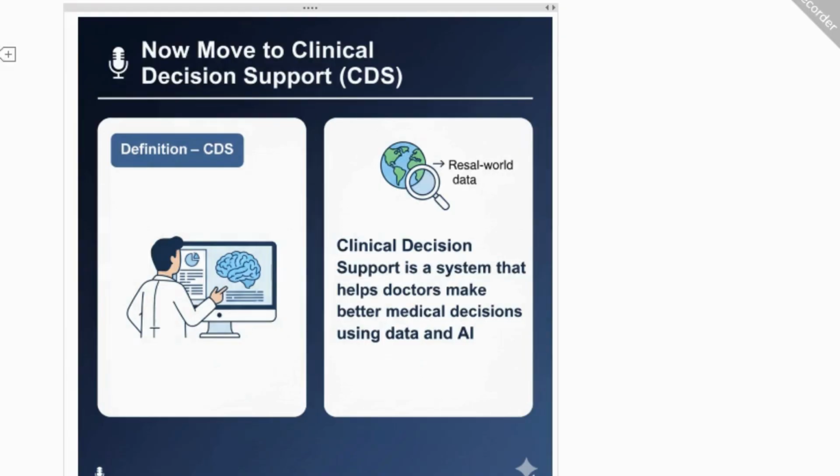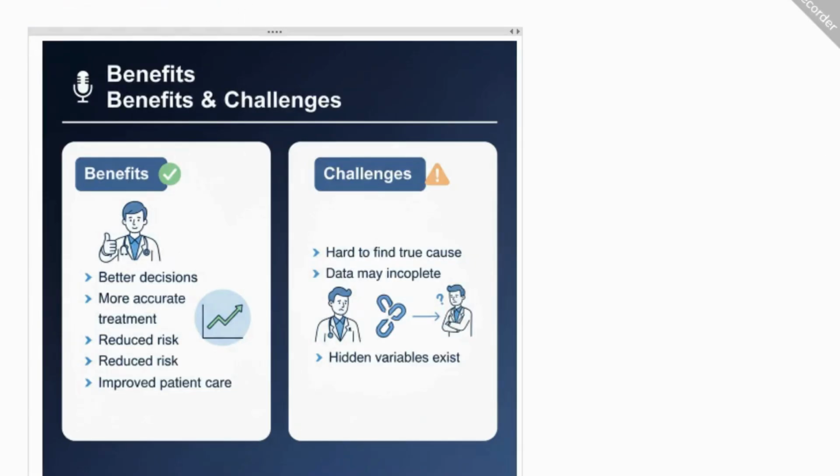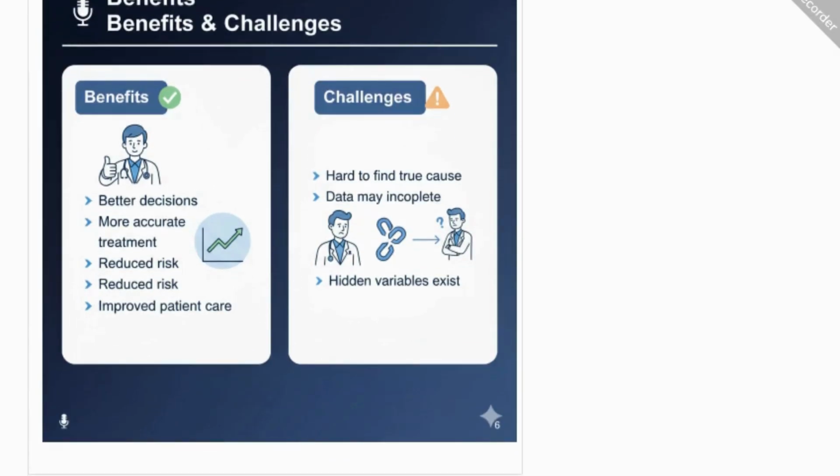Now the benefits and the challenges. The benefits are better decisions, more accurate treatment, reduced risk and improved patient care. The challenges are that it is hard to find true cause, data may be incomplete, and hidden variables exist.